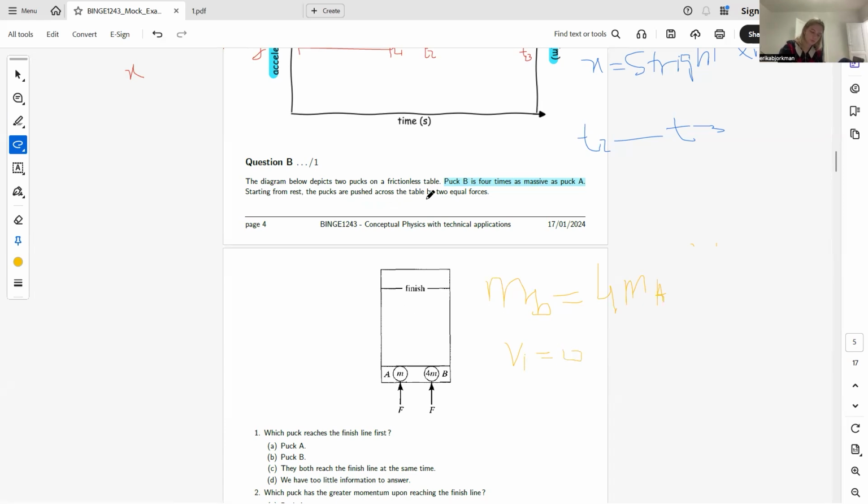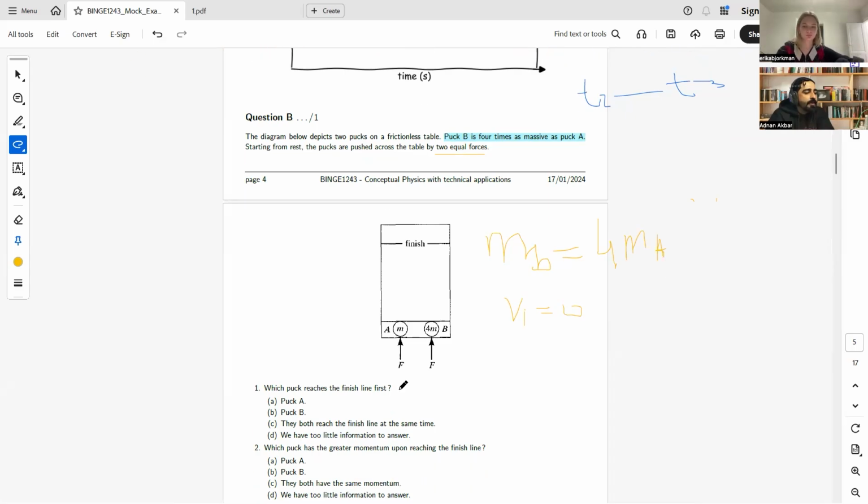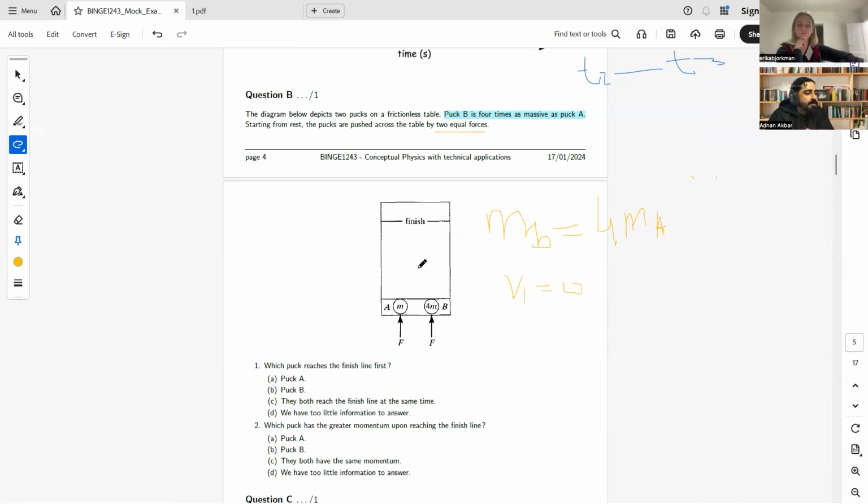The pucks are pushed across the table by two equal forces. So the forces that are applied on these pucks are the same. Our first question is, which puck reaches the finish line first? We have to discuss which puck will reach the finish line first.